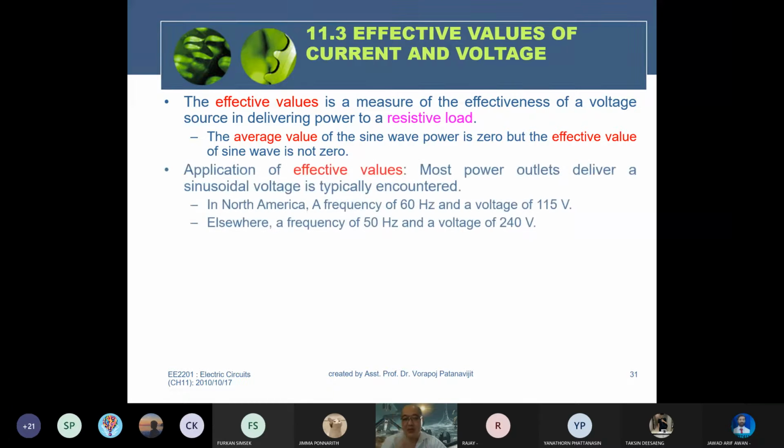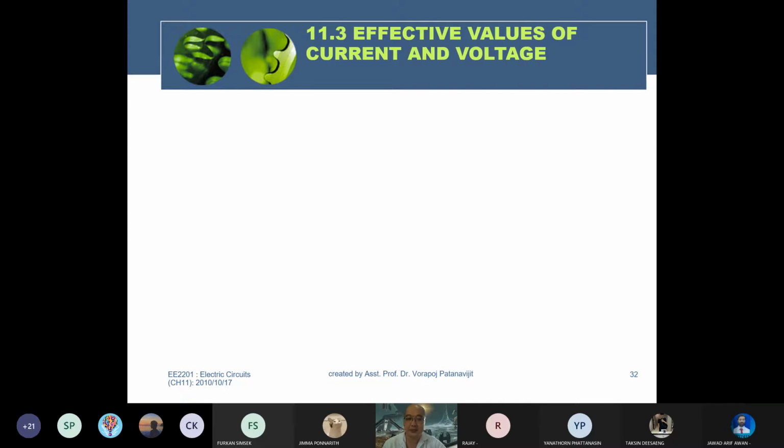An application of the effective value is that the most common power outlet delivers a sinusoidal voltage. In North America the frequency is 60 Hz and the voltage is 115 volts. Elsewhere, the frequency is 50 Hz instead and the voltage is 240 volts.